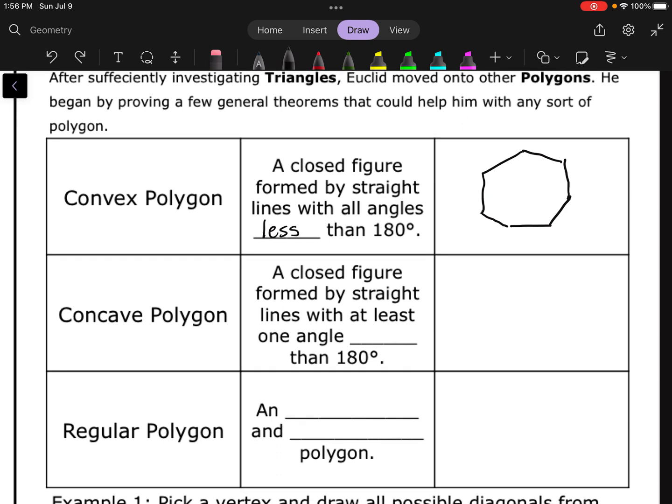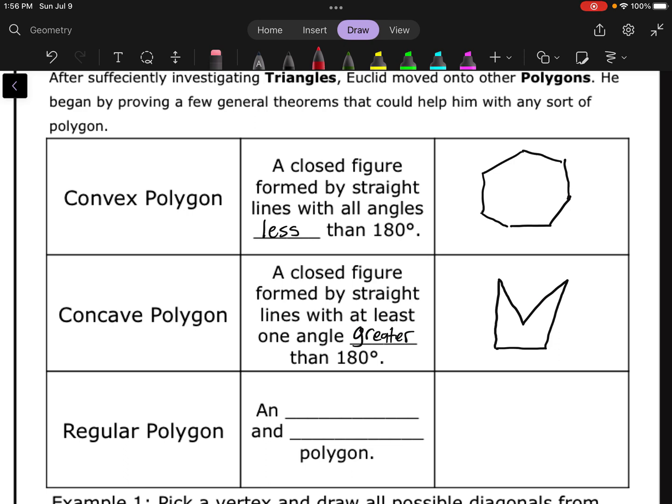As opposed to that, we have a concave polygon, which is a closed figure formed by straight lines with at least one angle greater than 180 degrees. So that could look something like this, right?